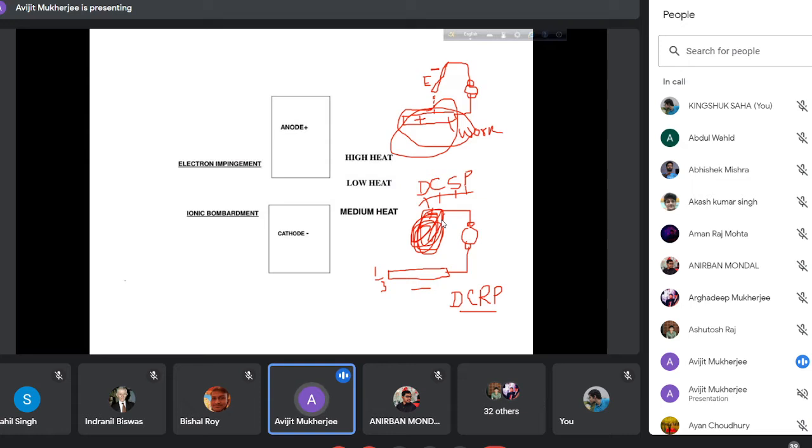If the work is to be connected with positive, just disconnect this terminal, connect with work, and disconnect the electrode terminal, connect with this negative. But in AC, you can't do that. Because in AC, alternatingly, this will be positive, this will be negative, and so on. So in that case, 50-50 heat will be generated.